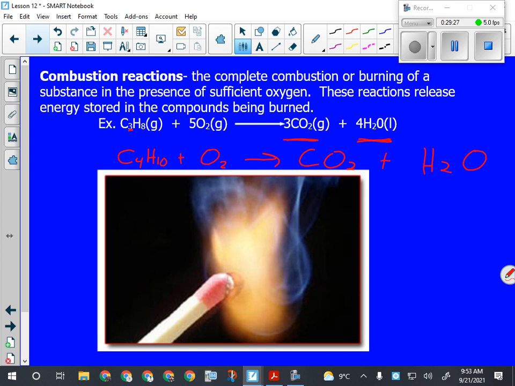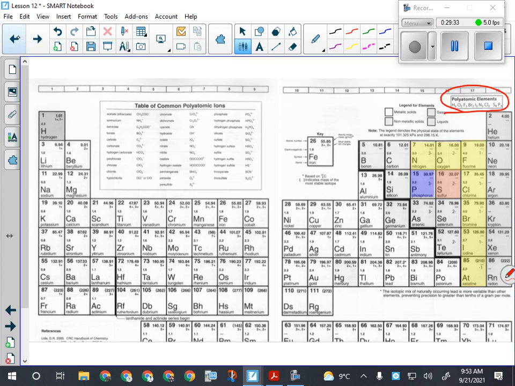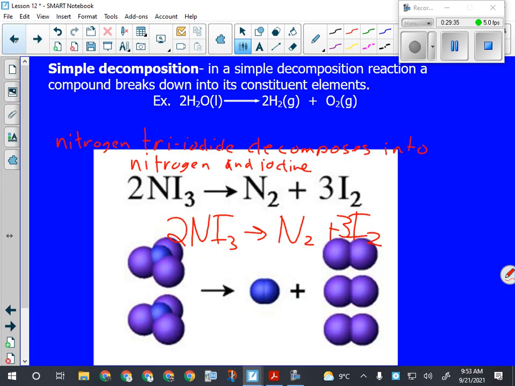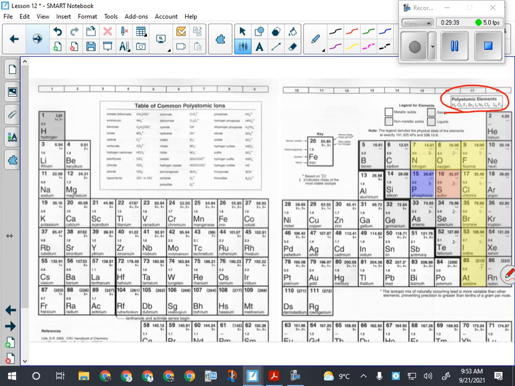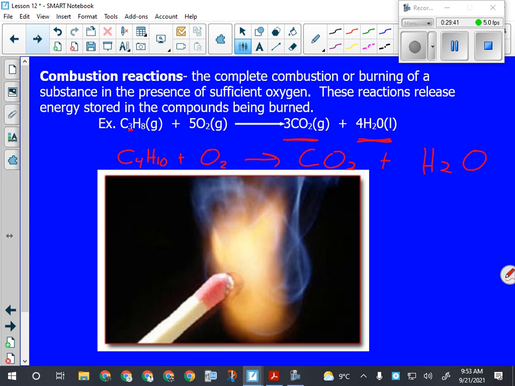Now, I want to balance this reaction, right? But I can't follow the rules that we used over here. Over here I said start with the biggest number. That doesn't work in hydrocarbon reactions.